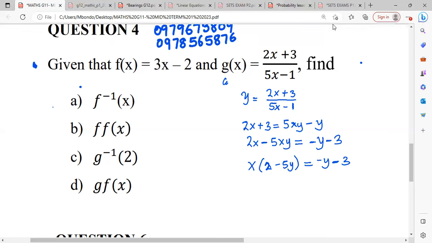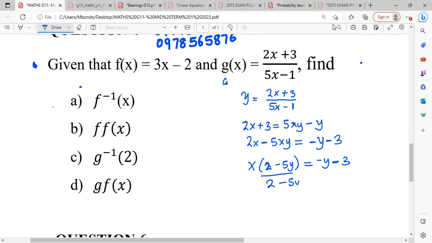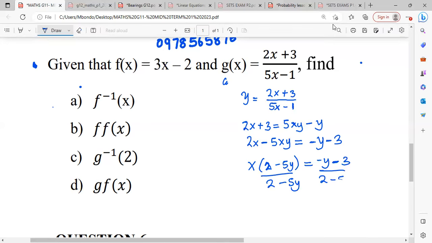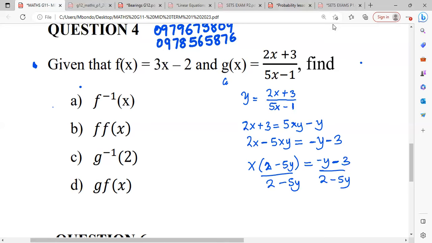Because we want to remain with x alone, we divide both sides by 2 minus 5y. Then if you started with 5xy on the other side, your answer is actually going to be y plus 3 over 5y minus 2. I think that is how it's going to be.